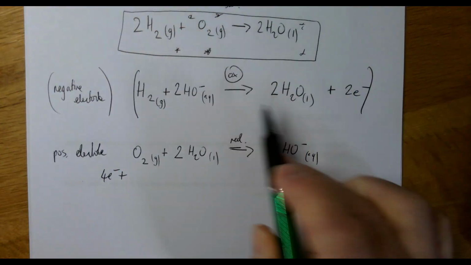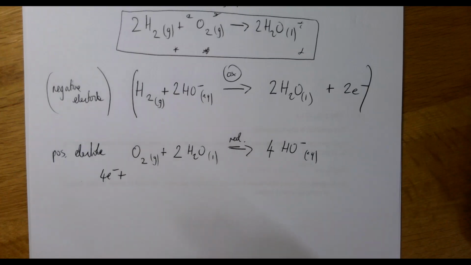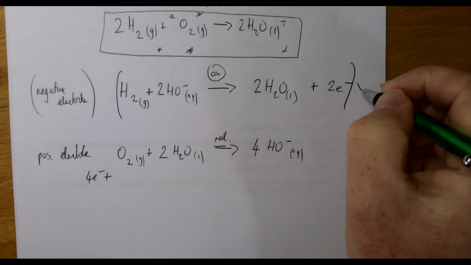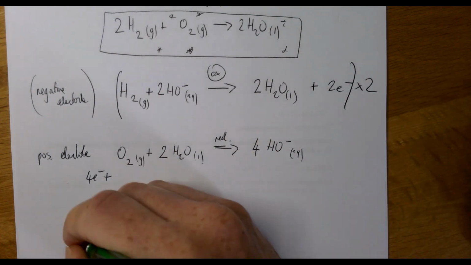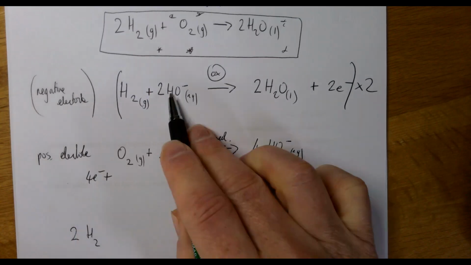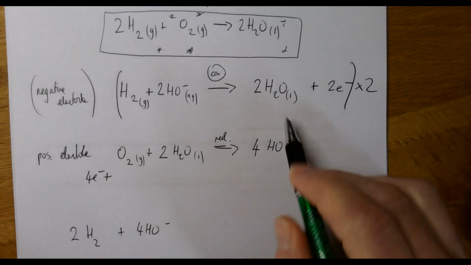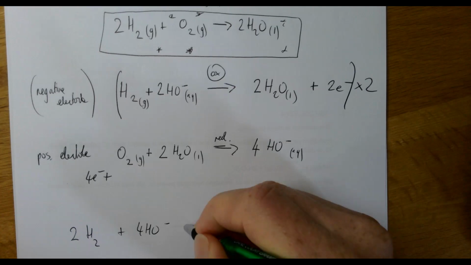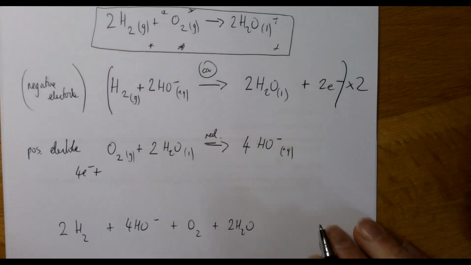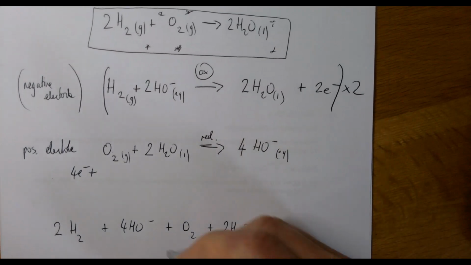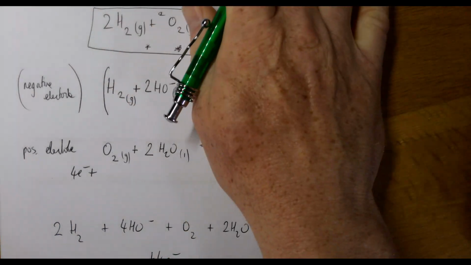But because this top reaction produces 2 electrons and the bottom reaction requires 4, we just times this whole thing by 2. We get 2 lots of H2 plus 4 lots of hydroxide plus oxygen and 2 waters and the 4 electrons. So that's everything from the left hand side just written down there.